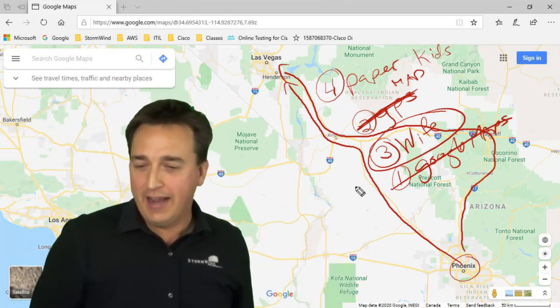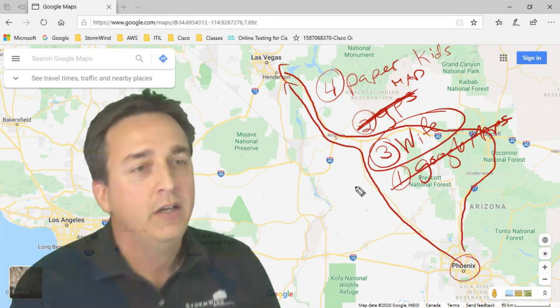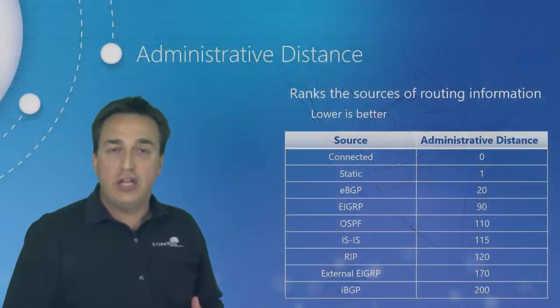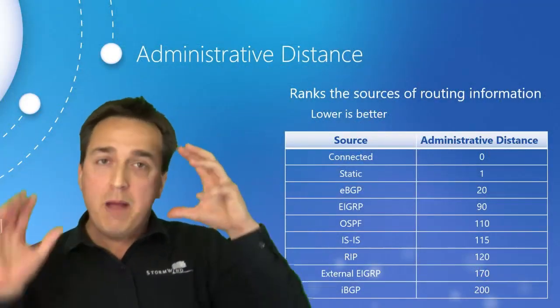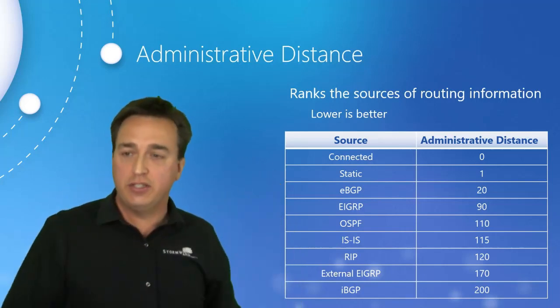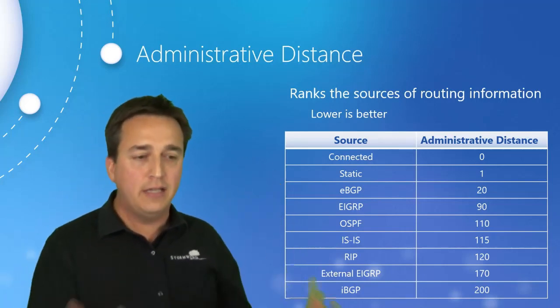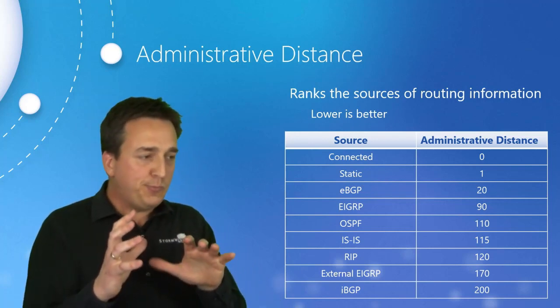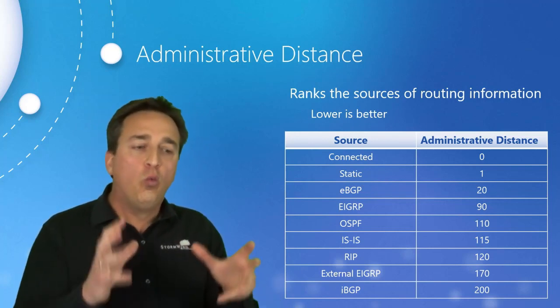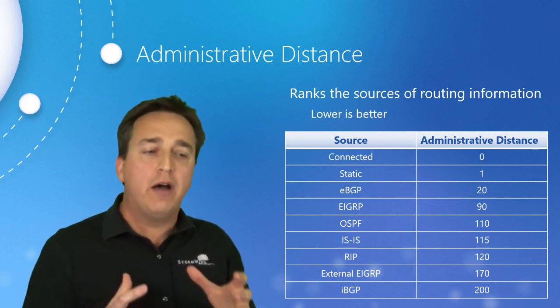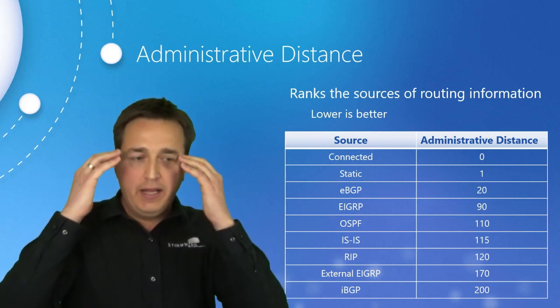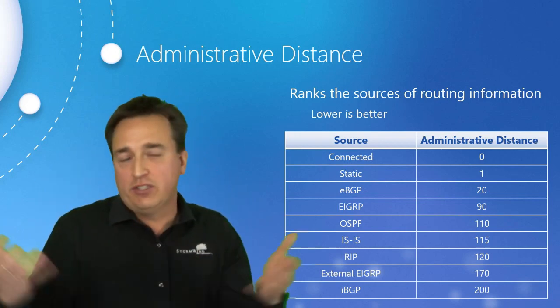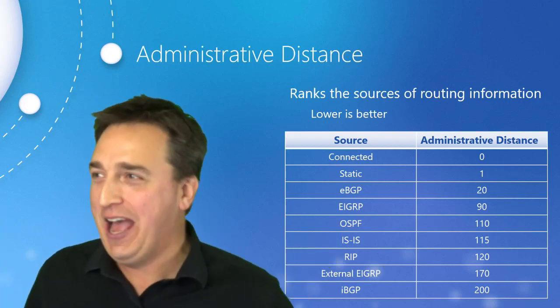So that is administrative distance in a nutshell, and a great way to remember it, folks, for the certification exam as you're sitting there trying to identify administrative distance and really examining what is going to be chosen by your router. Always think back to my family adventure here where I'm just going to ignore my wife. All right.